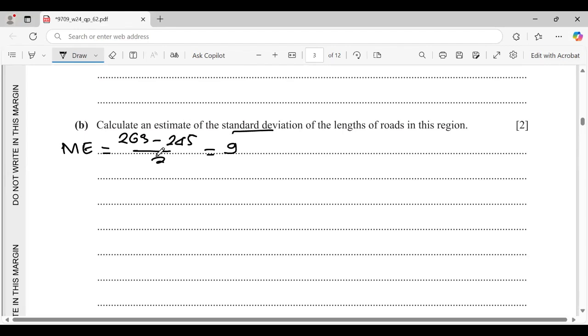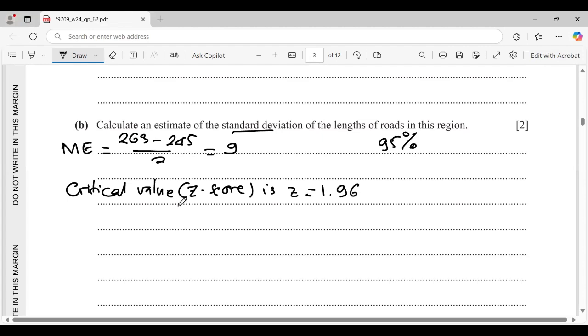For a 95% confidence level, the critical value, or Z score, is Z equal to 1.96.